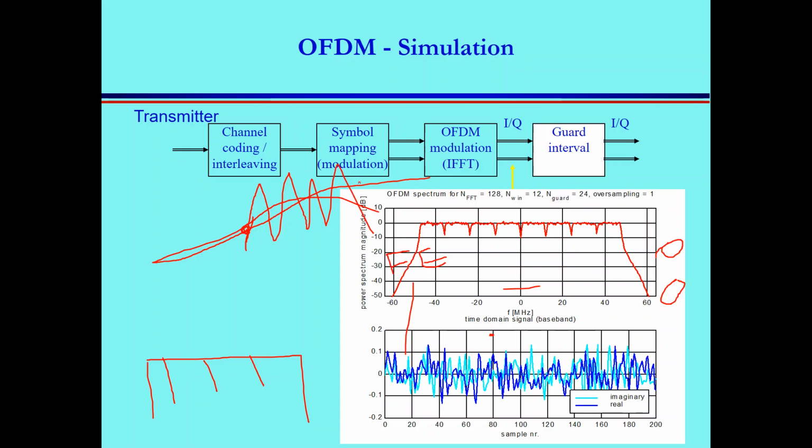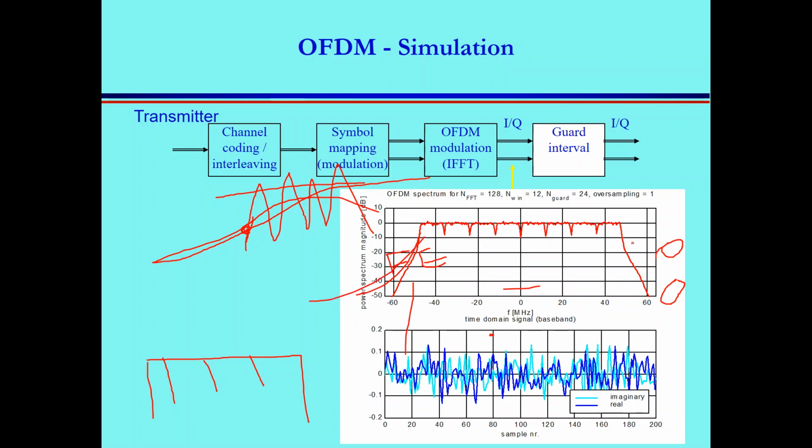If it exceeds the saturation point, what will happen to these peaks? They will be cut. What does cutting mean? Your data goes away. You are distorting your data before you transmit it. Very bad. And this cutting not only cuts your data and reduces your bit rate, but also causes severe adjacent channel interference.